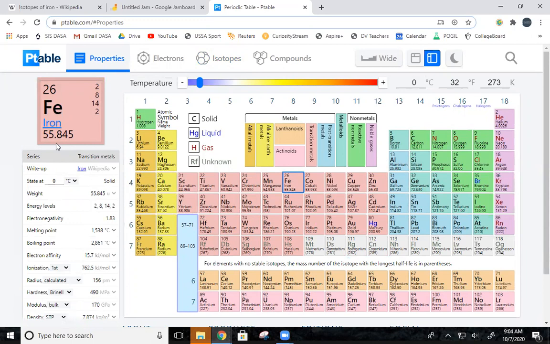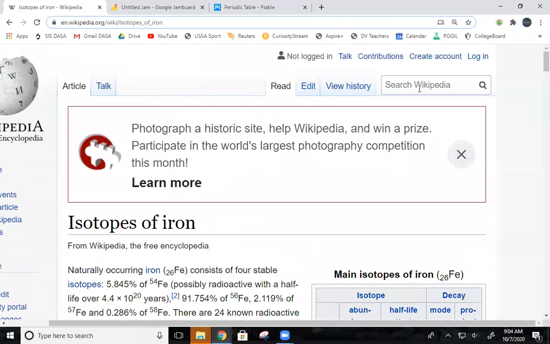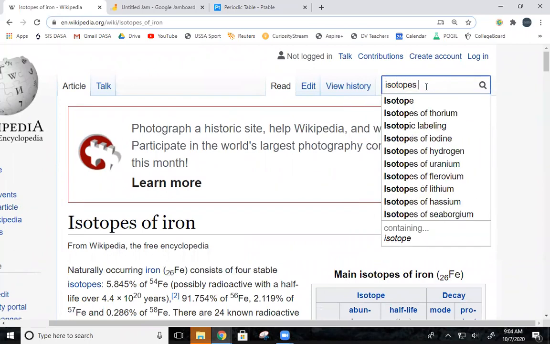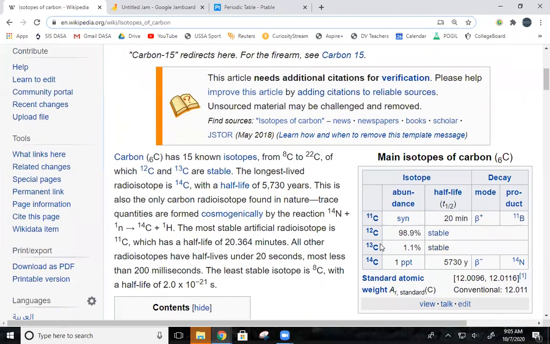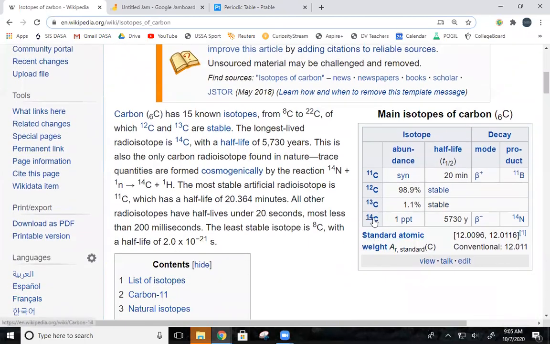So let's run through that one more time. We're going to do isotopes of carbon. Okay, here we go.